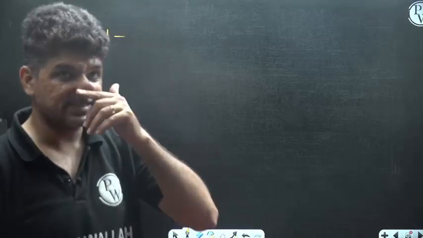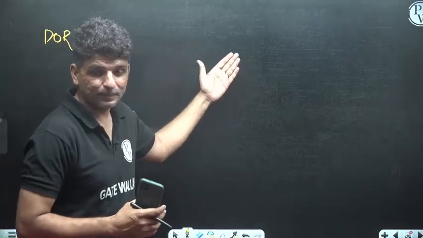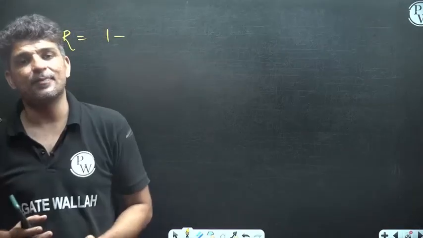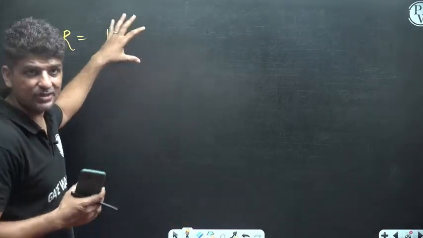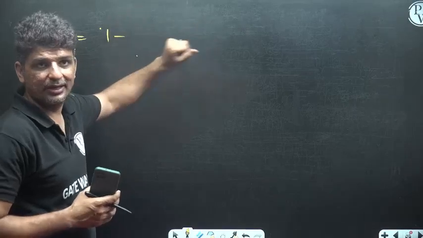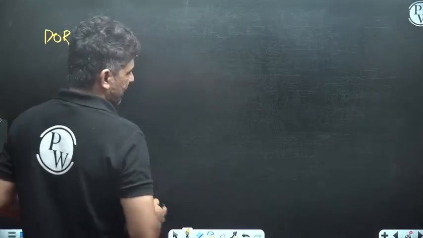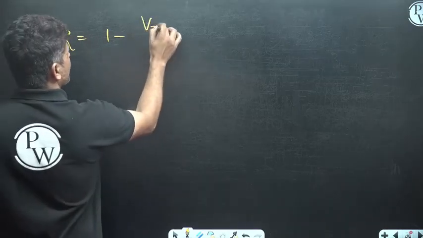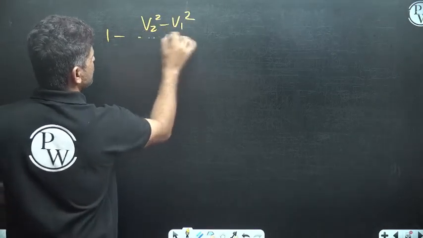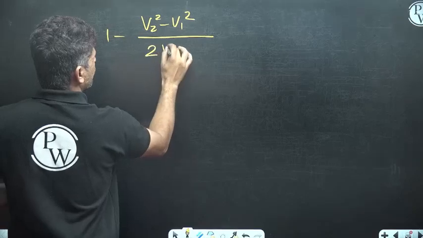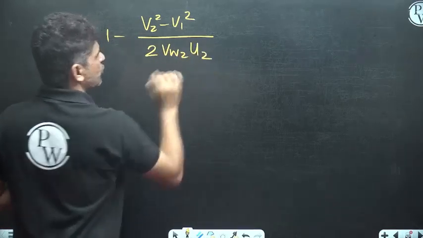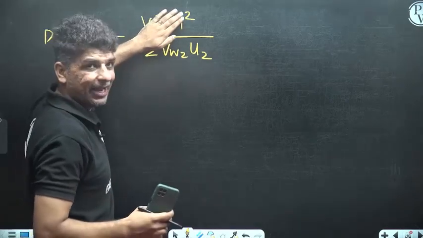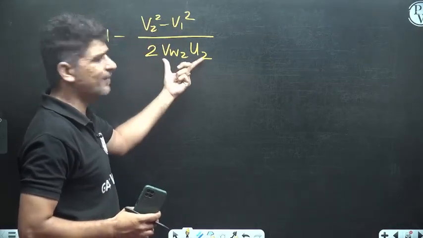In case you are seeing this solution before our covering of the axial compressor part, then bear with me, because I am going to teach you this in axial compressors. Degree of reaction is defined as 1 minus (V2 square minus V1 square) divided by 2 VW2 U2. V2 square minus V1 square by 2 is your kinetic energy change, divided by the total power.